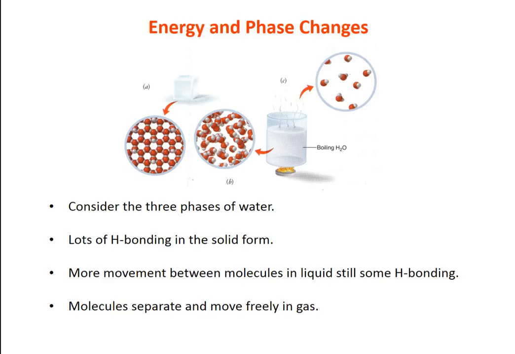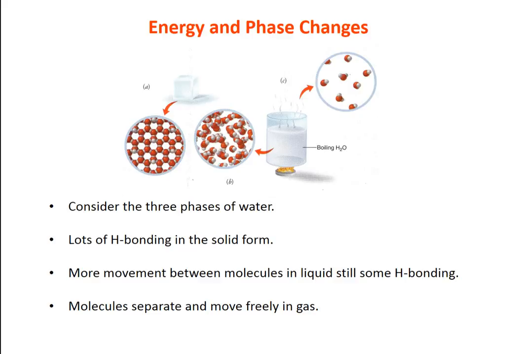Energy and phase changes. Let's take an example of water. We know that water has hydrogen bonding. In the solid phase of water, the hydrogen bonding is at the highest.